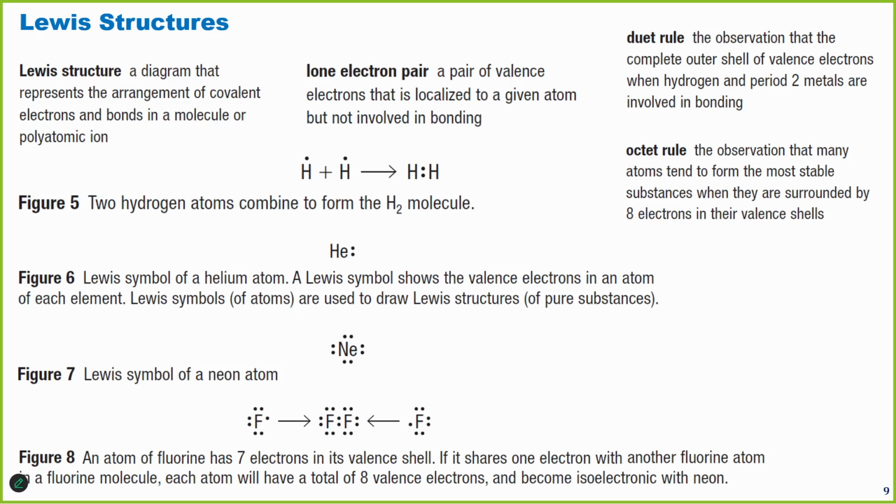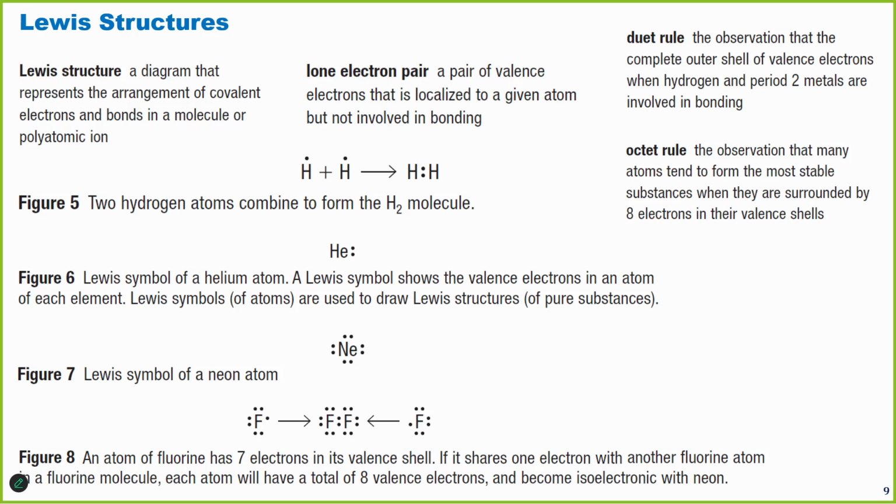Seventh, if the central item does not have a full octet, move lone pairs from the surrounding items into a bonding position between those items and the central item until all octets are complete. And last, if the surrounding items have complete octets and there are electrons remaining, add these electrons as lone pairs onto the central item or items.